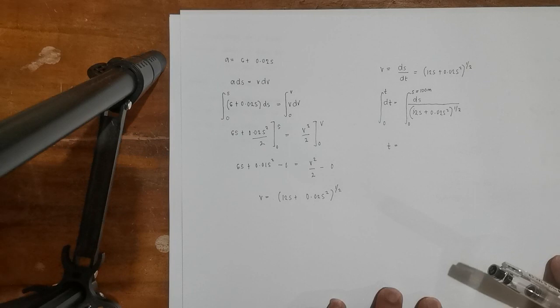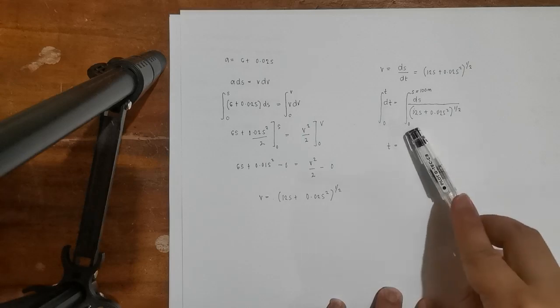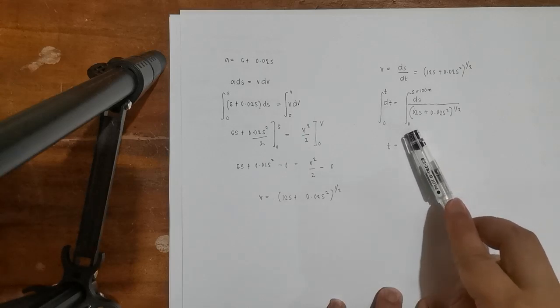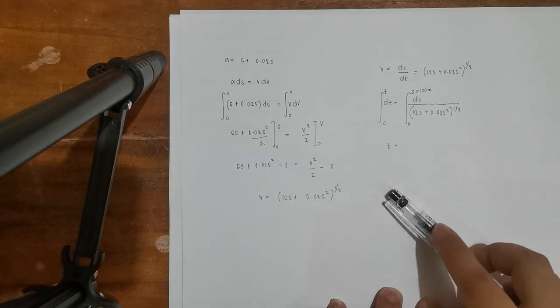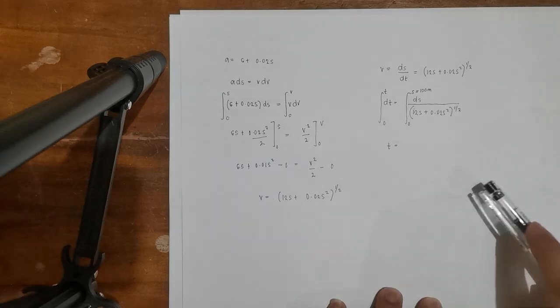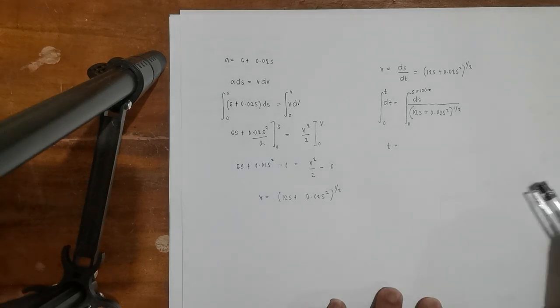So, anong gagawin natin? We can use L'Hopital's rule. Ano yung L'Hopital's rule? Instead na i-substitute natin mismo yung ating limit as 0, gagawin natin siyang approaching 0. So, ano yung approaching 0 na value? Pwede siyang 0.000000001. So, that is approaching 0.